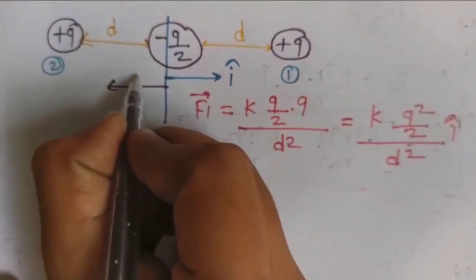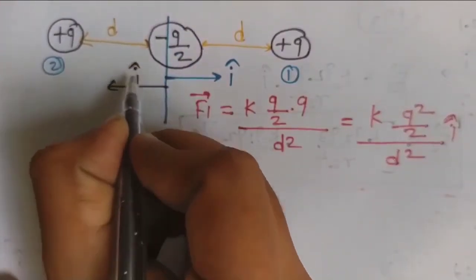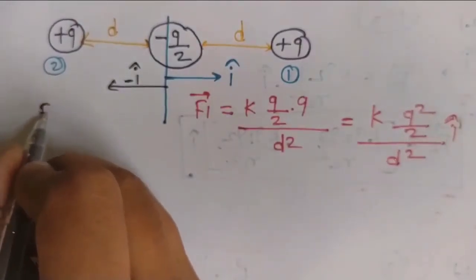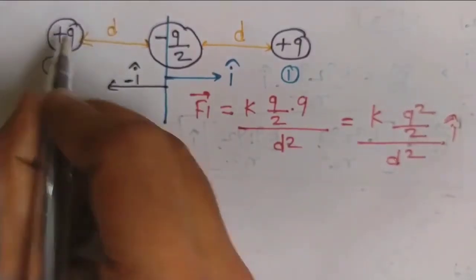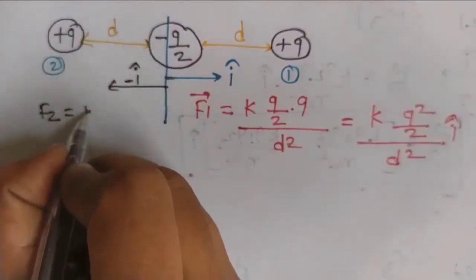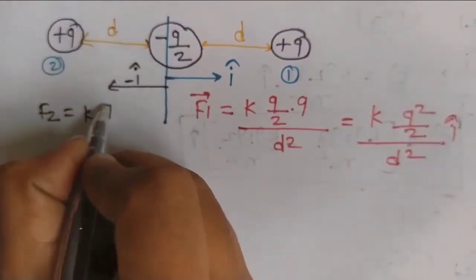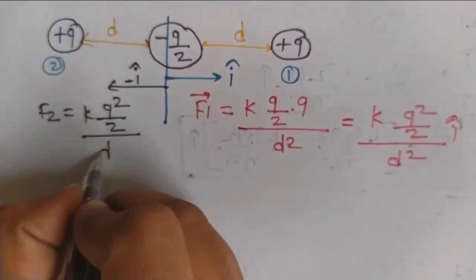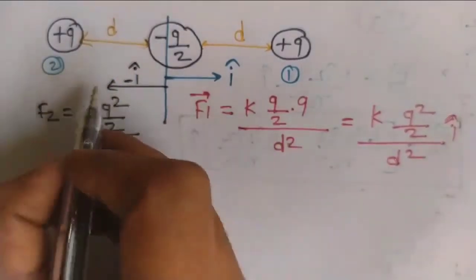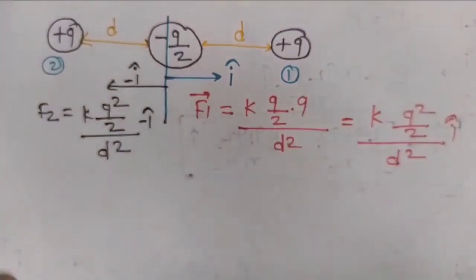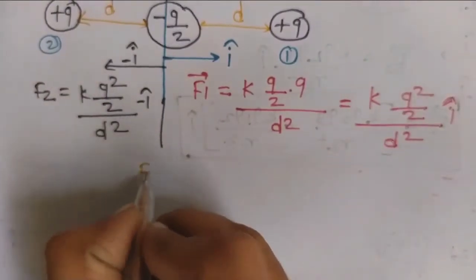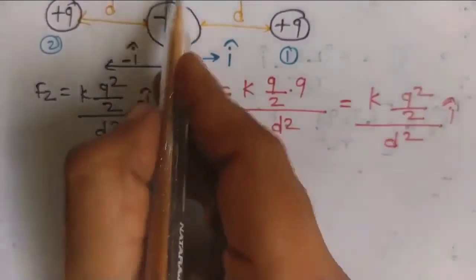The force on minus Q by 2 due to the second charge, that is plus Q: both charges have opposite polarity, that's why they attract each other, and the direction is towards the charge plus Q, and it is in the left hand direction, therefore its sign is negative of unit vector I cap. F2 is K Q square by 2 upon D square minus I cap.